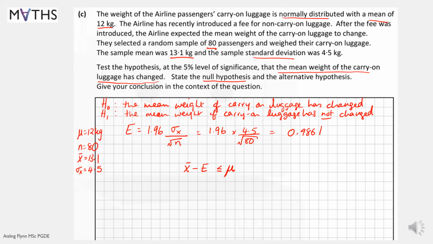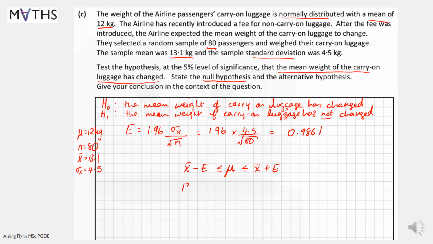We'll check it against the error. We'll create an interval with the sample mean minus the error up to the sample mean plus the error, and does our 12 kilograms fit in there? Does it agree with the sample results? If it doesn't agree, well then something has changed.